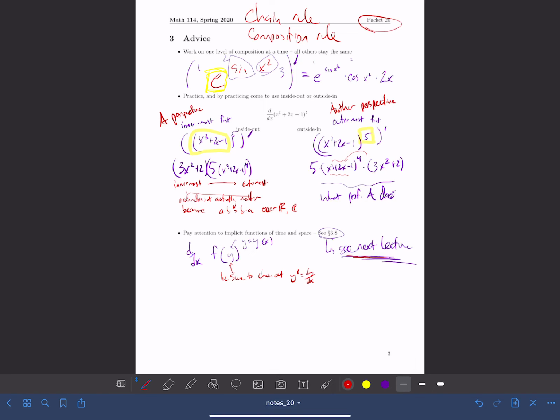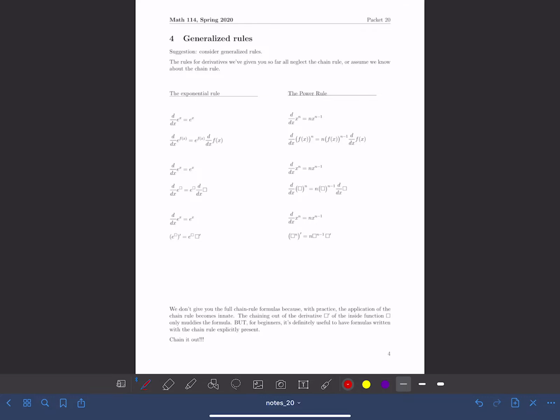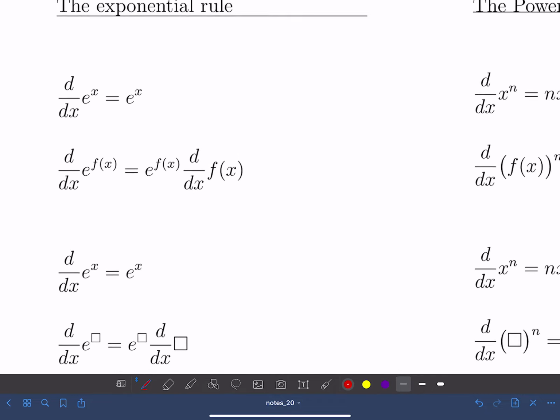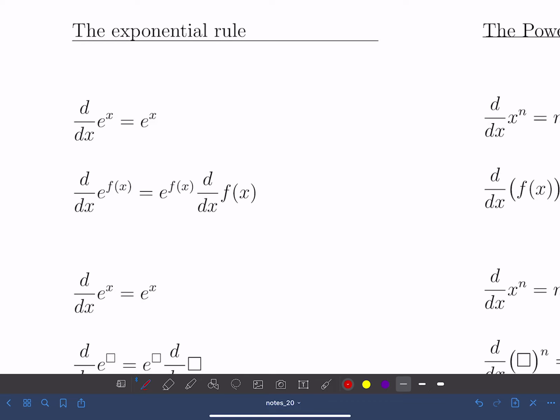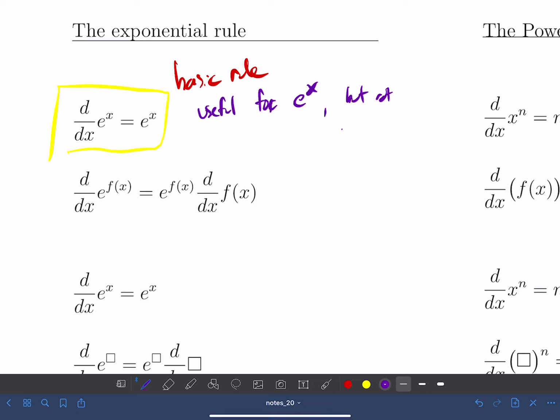Okay, I'm going to turn the page. We give you these rules for taking derivatives of expressions, of various basic functions, and this one right here is for the basic e to the x. This is what I think of as the basic rule. This is useful for e to the x, but not e to the sine of x, in a sense, unless you remember that you have to chain out the derivative of the inside thing.